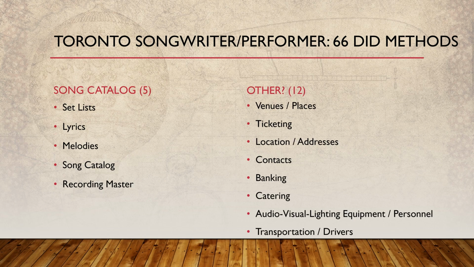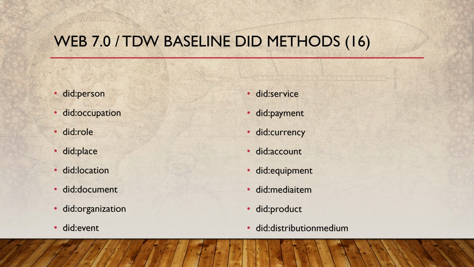The song catalog: the set list, the lyrics, the melodies, the song catalog itself, and the recording masters. And then there's just a bunch of other related topics, related namespaces, classes, or DID methods.